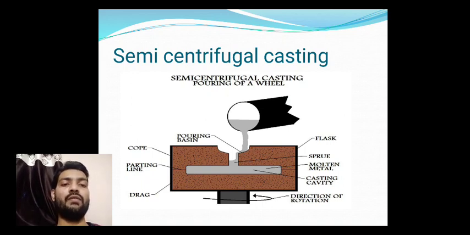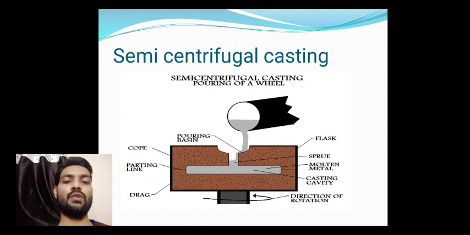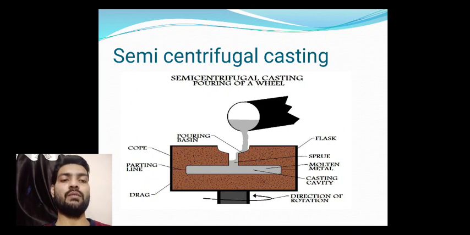After filling completely, it starts revolving at very high speed, and if we want any hole in the part, then we use a core and keep rotating at very high speed. After solidification, it makes a circular part such as a wheel, tube, etc.